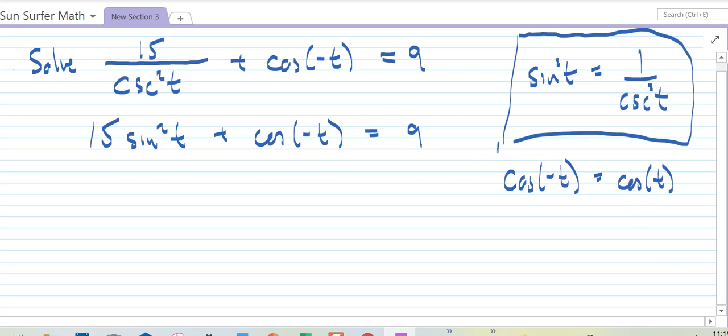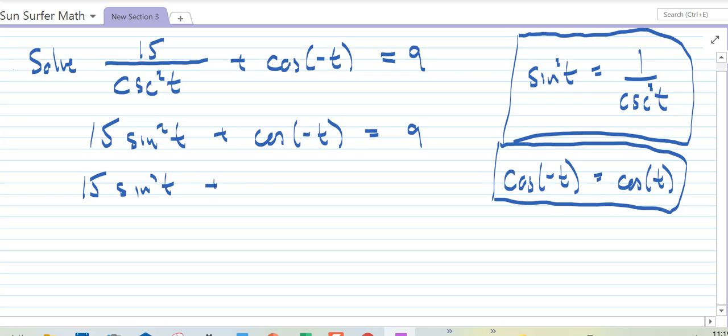This is identity number 2 that we're going to use here. So I'm going to replace cosine of negative t with the cosine of positive t, which I won't put in parentheses just to simplify it. Make sure that you are familiar with all of the various negative angle identities.